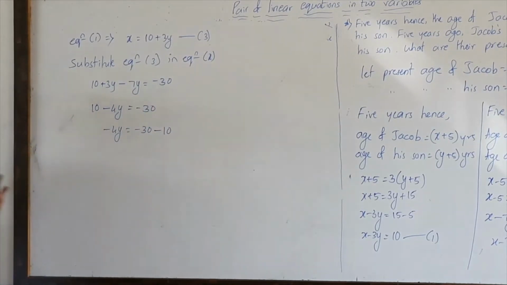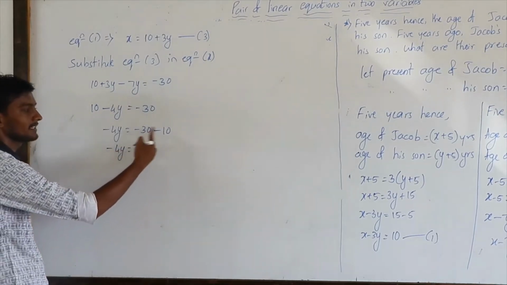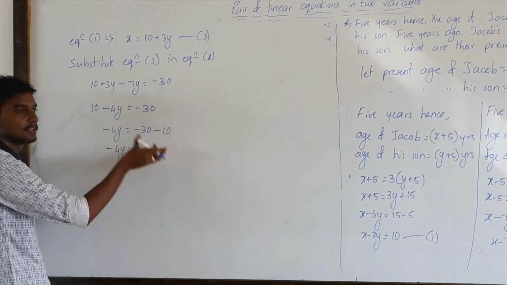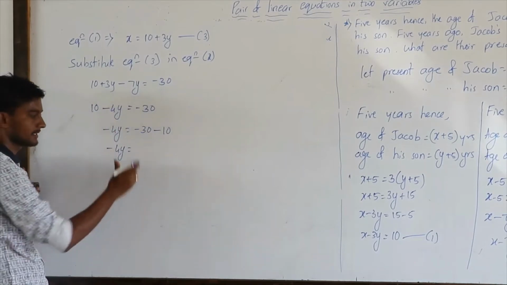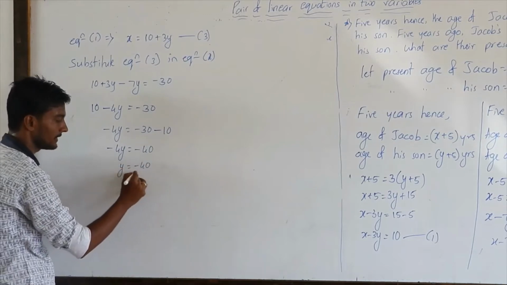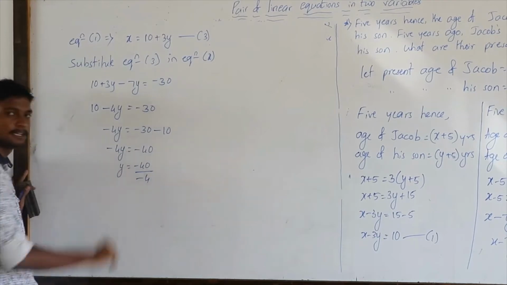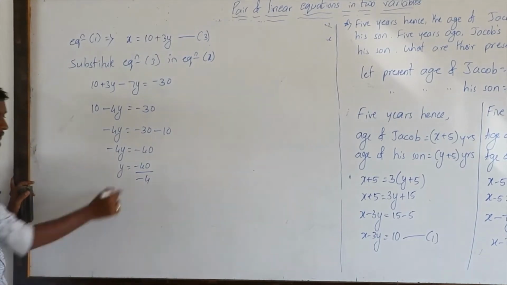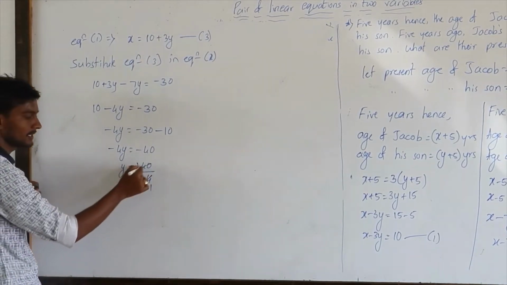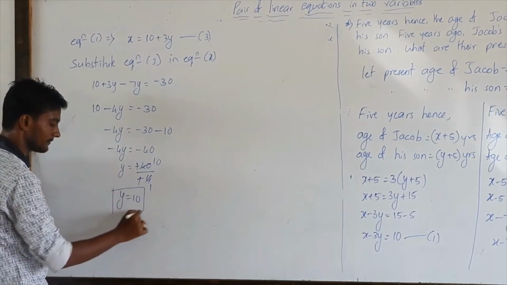So minus 4y is equal to minus 30 minus 10. Both are minus, so add them and put the minus sign: minus 40. y is equal to minus 40 divided by minus 4. If you cancel minus and minus, 4 tens are 40, so y value is equal to 10.